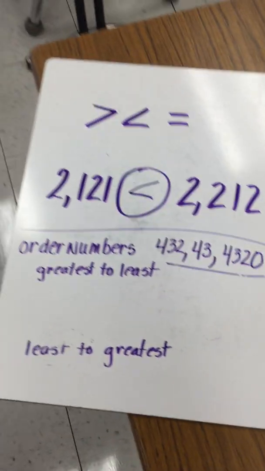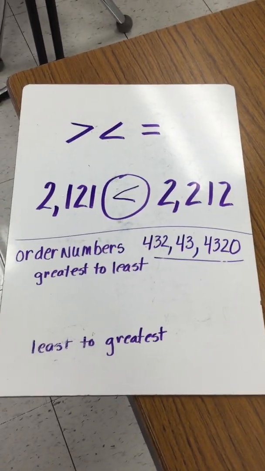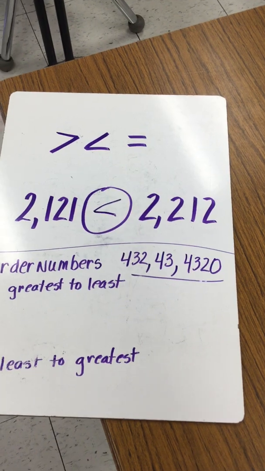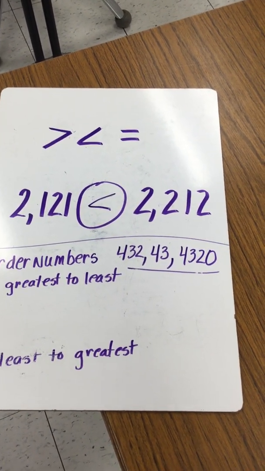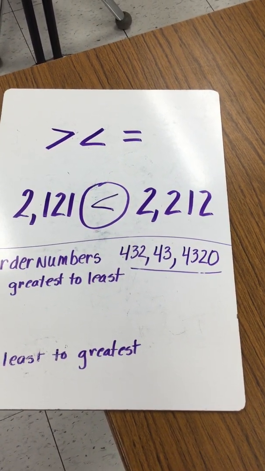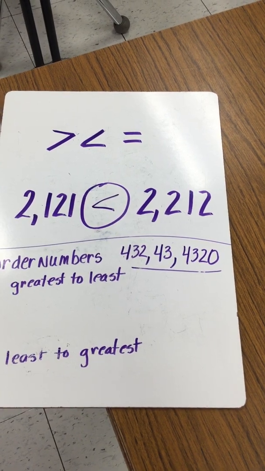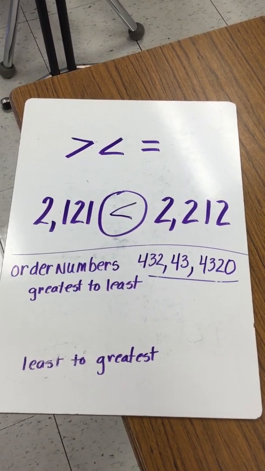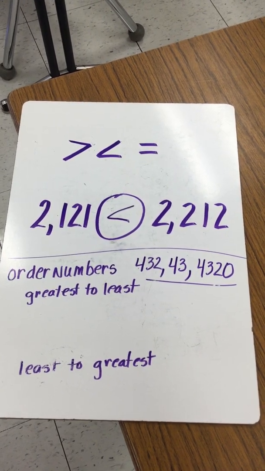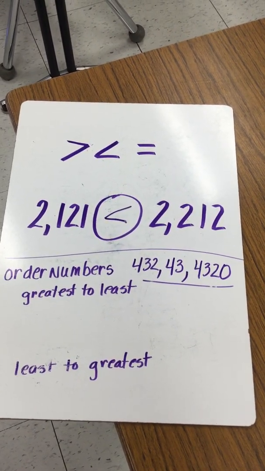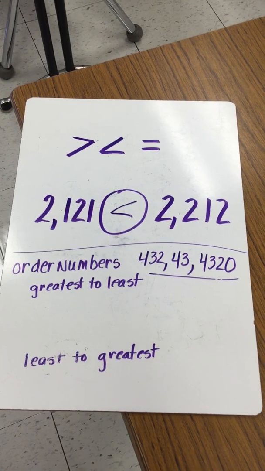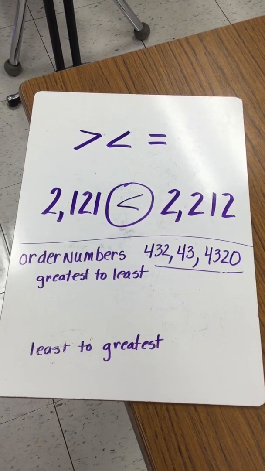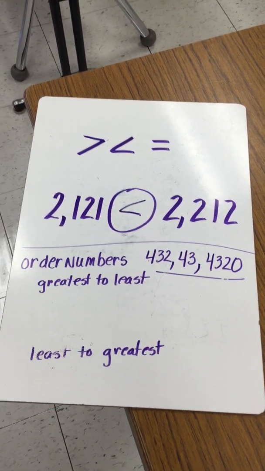Okay, and then we also put numbers in order. So our numbers here are 432, the number 43, and the number 4,320. I'll put it in greatest to least order, which means the biggest number to the smallest number, and at the bottom I'll put it in least to greatest.